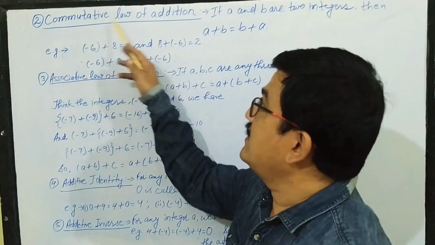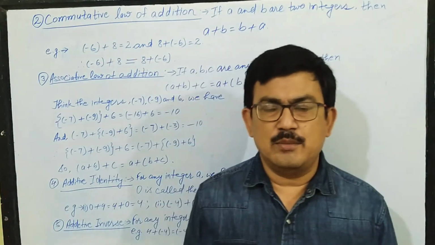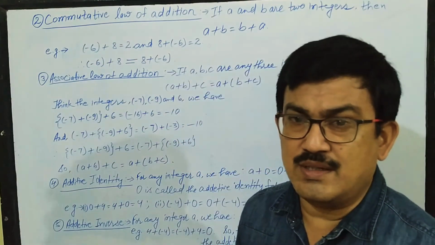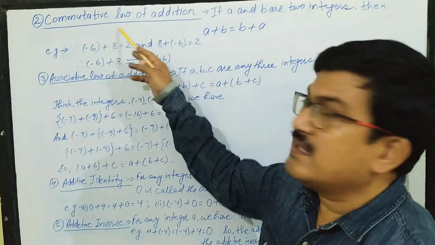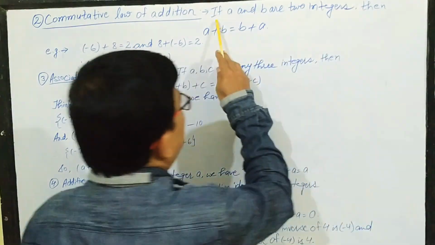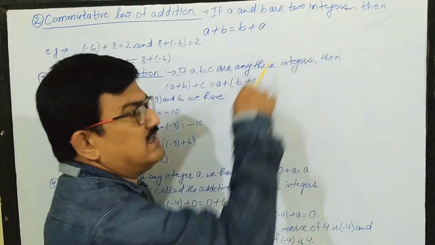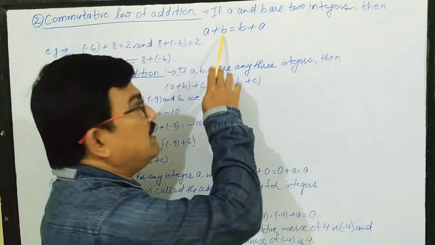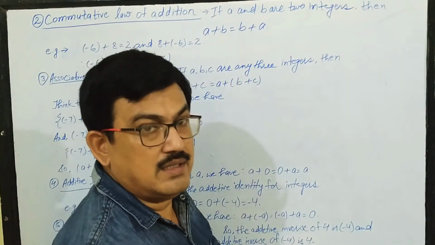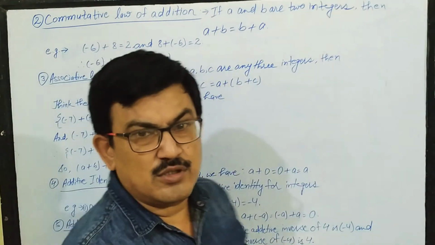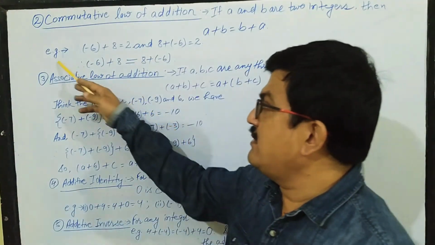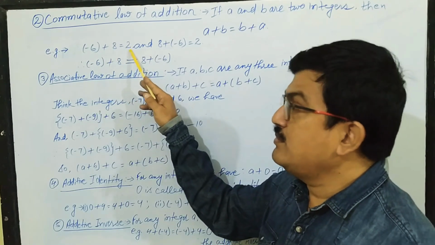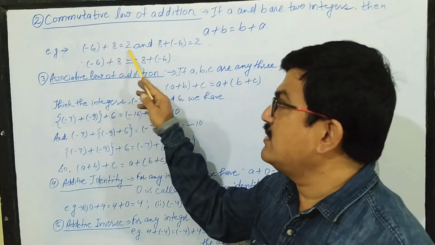Next, number 2, is the commutative law of addition. Very easy. Commutative means we can add in any order. A plus B is equal to B plus A. I have written it here also: if A and B are two integers, then A plus B is equal to B plus A. It is very clear with the help of an example. -6 plus 8 is equal to 2.